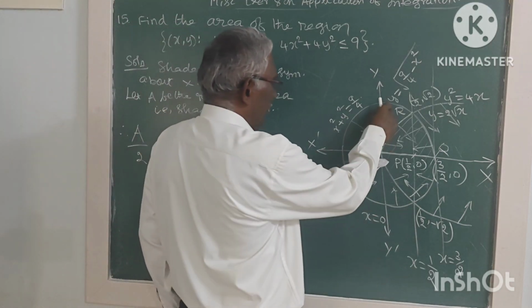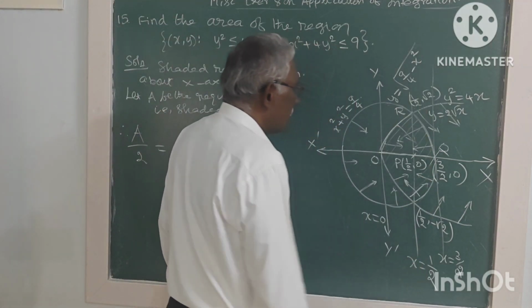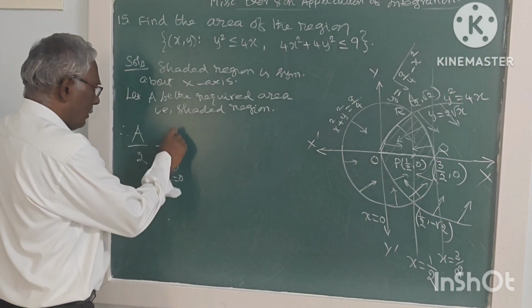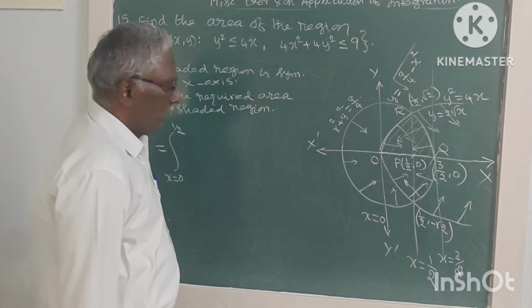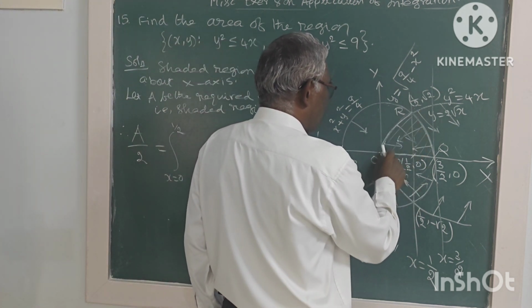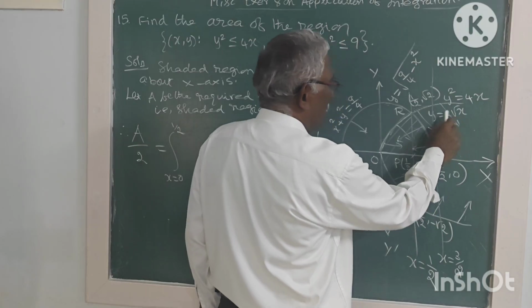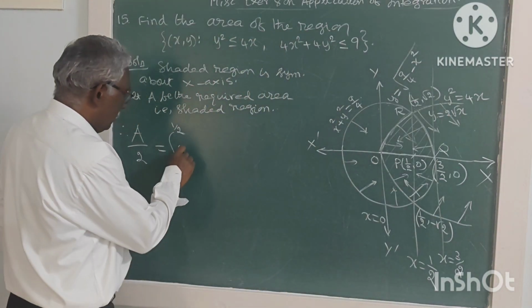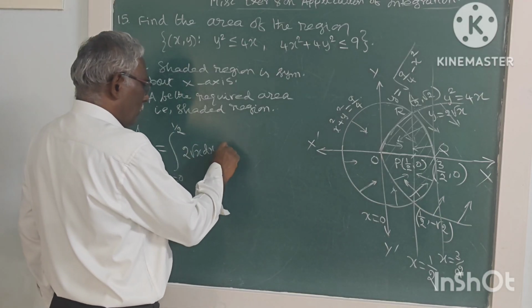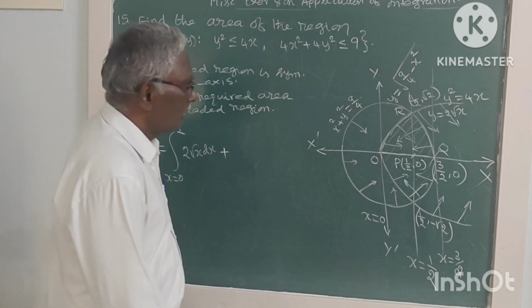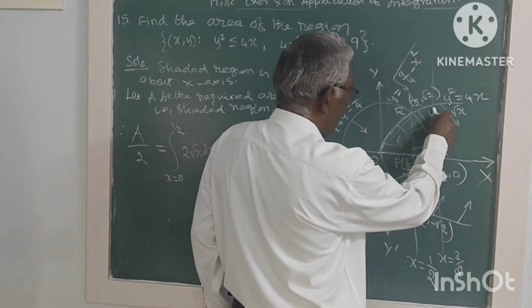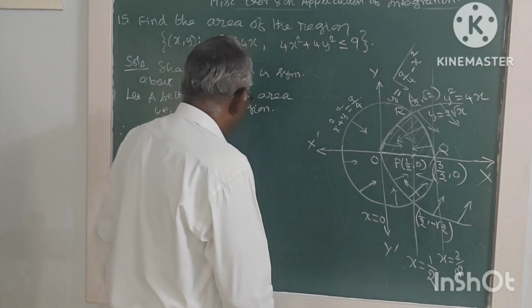Now x is 0 to half, the equation of this line, this is a parabola, that is y = 2√x, so 2√x dx, plus x from half to 3/2.